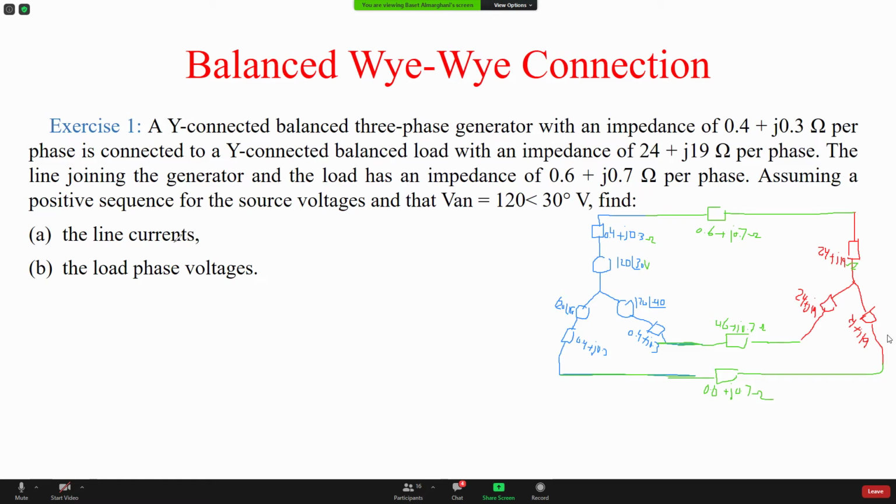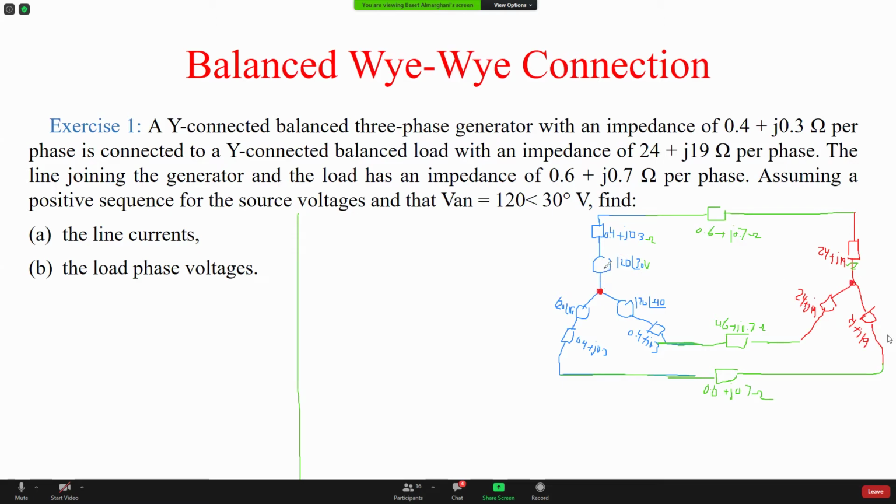Find the line current. So this is exactly like the last question. First thing, let me just divide it into spaces. What I'm going to do is Y to Y, I'm going to take a single phase circuit. So what is a single phase circuit? It is this, starting from the neutral to the neutral.